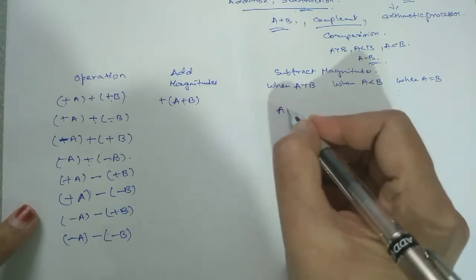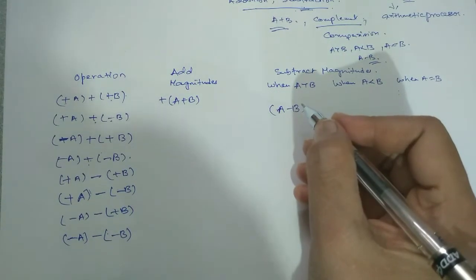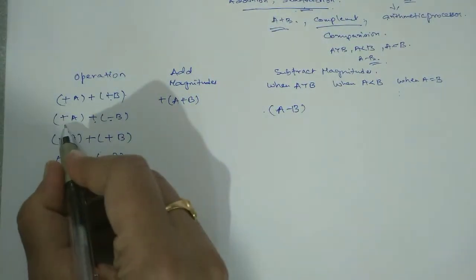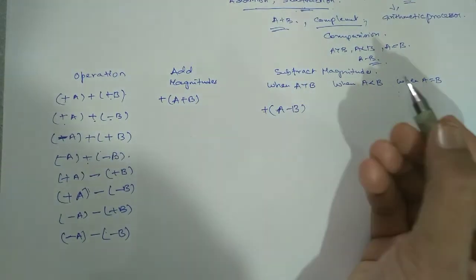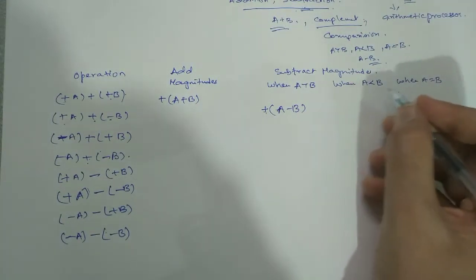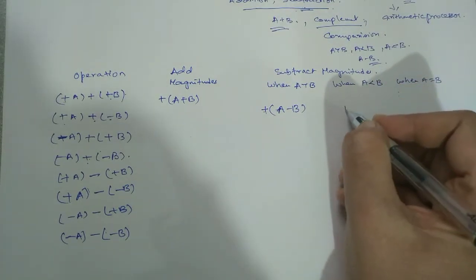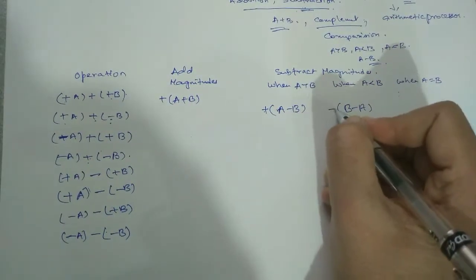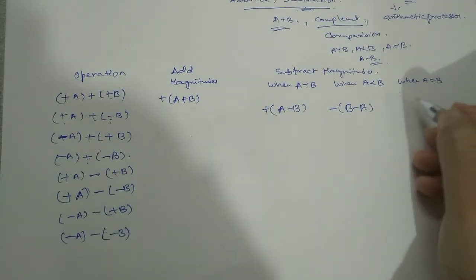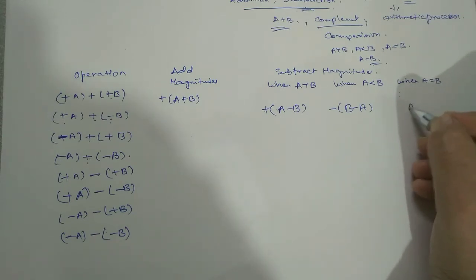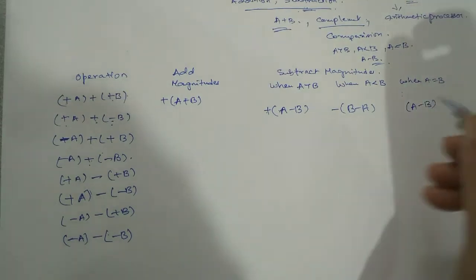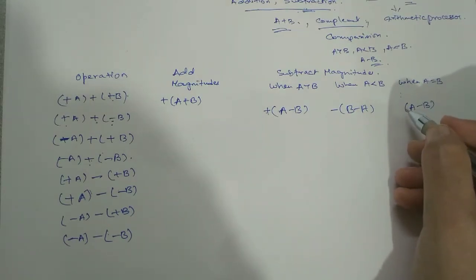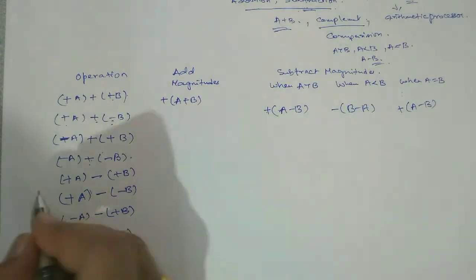First condition, A is greater than B. First we will consider A minus B, and as A is greater than B, the sign of A is plus. And when A is less than B, that means B is greater, so B minus A, and the sign of B is minus. And when A is equal to B, we are going to get A minus B, which is 0. In order to avoid the minus 0 condition, we are going to give plus.